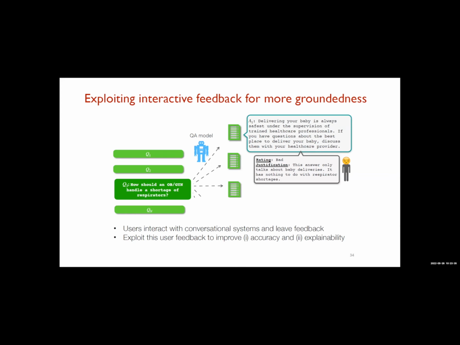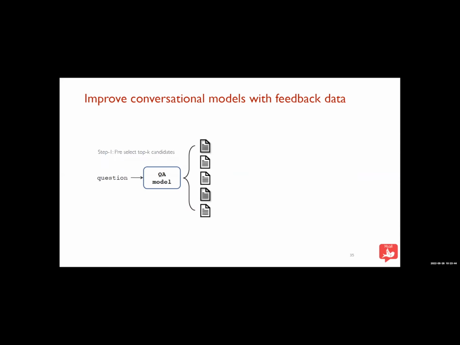And now the question is, can we make use of such kind of data to improve the groundedness of the models that we deploy? And the answer is yes, you can actually do that. The way we do this is you deploy your original system and collect feedback. Now you train a feedback generator that can take each answer and generate an explanation why some answer is correct or incorrect.